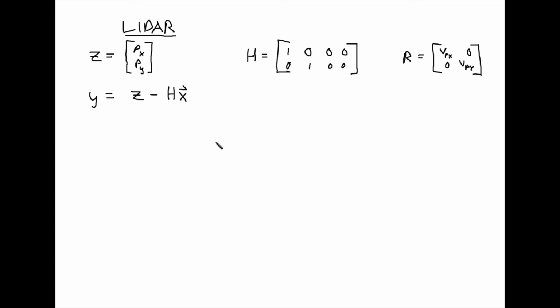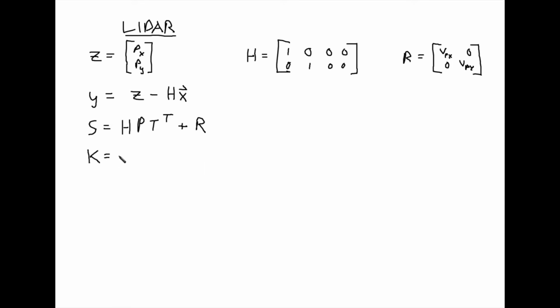And then we're going to calculate some other matrices, and we'll just go through these, because really you just kind of have to do it once you have it. Sorry, I miswrote that. Plus R, so that's our S matrix. Once we have S, then we can calculate what's called our Kalman gain.